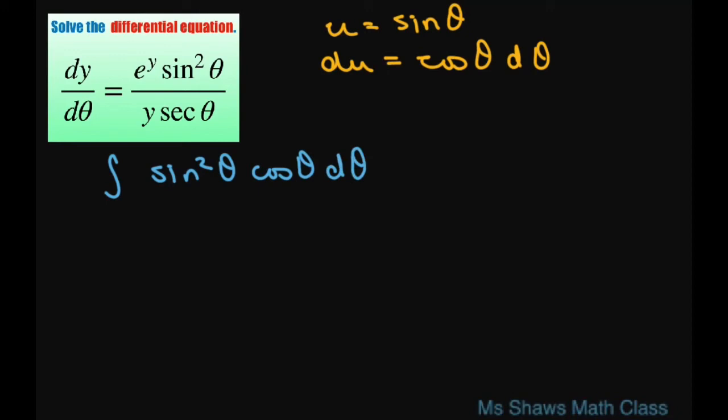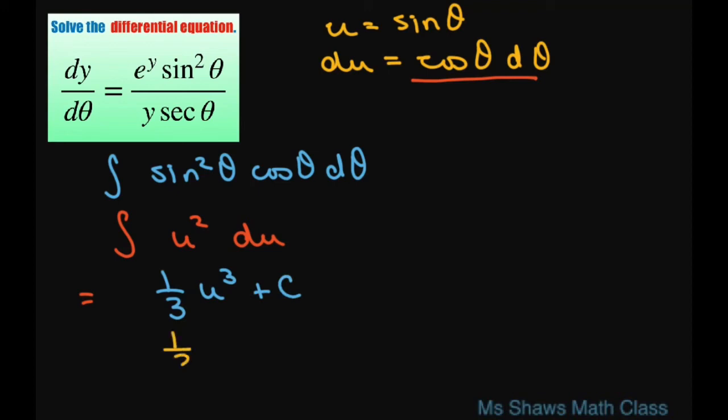So substituting in for u, we're going to have the integral of u squared du. Once you integrate this, you're going to get 1/3 u cubed plus c. Substituting back in your u, you're going to get 1/3 sine cubed of theta plus c.